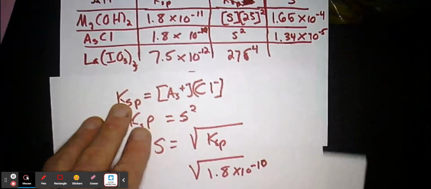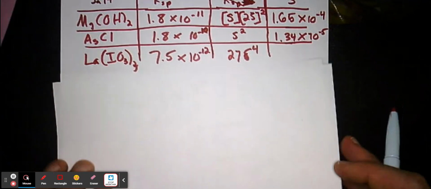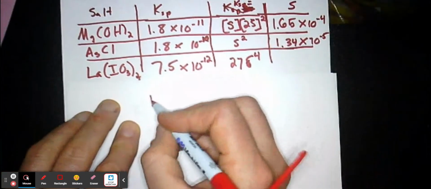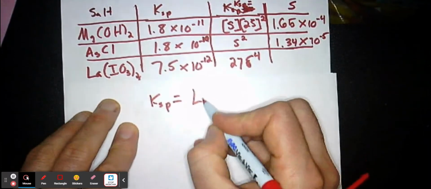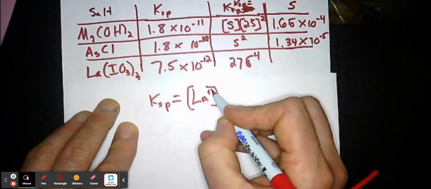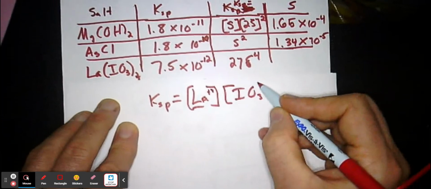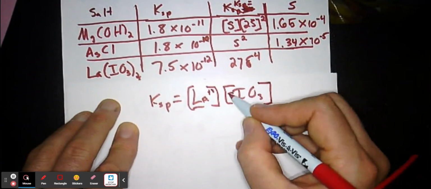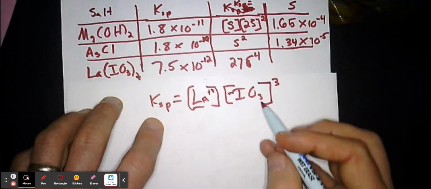Now this one is a much smaller equilibrium constant. But you'll notice it's got 4 ions. So my molar solubility might be different. Let's check it out. My Ksp is La plus 3, iodate concentration raised to the third.